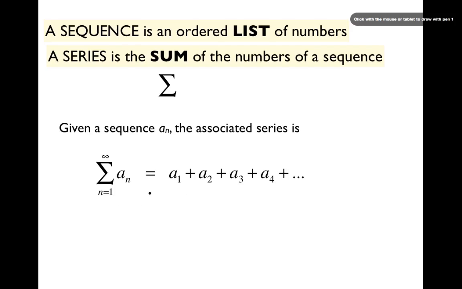So that the number n tells us which number in the sequence that it is, or in the sum. Right? So we know that when n equals 4, that's the fourth term of the sequence and the fourth thing we're going to add. Okay, so these are synonymous.